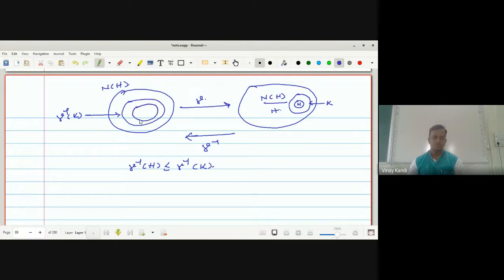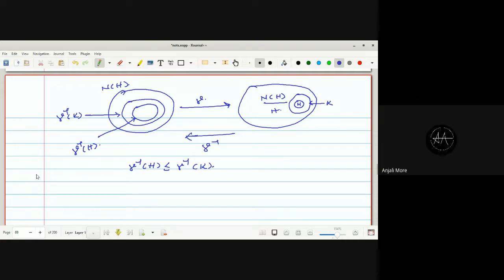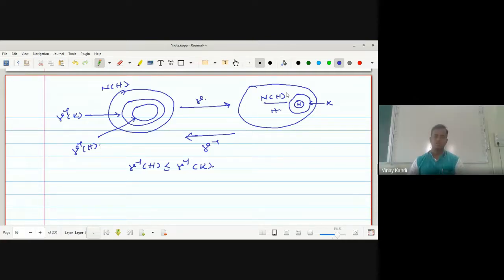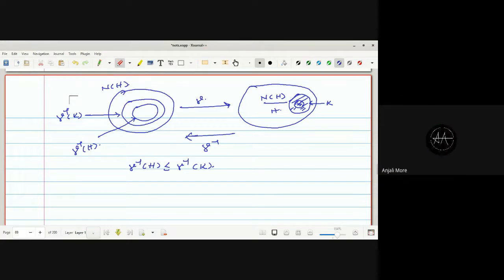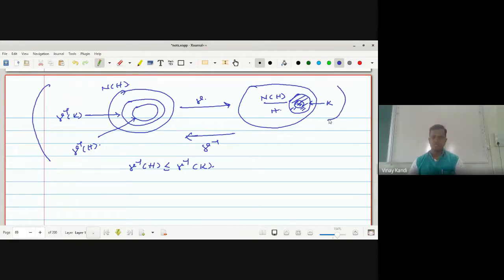And this one is sigma inverse of H. Is it correct? Yes, sir. Okay, it will be smaller than that. The image of this set is larger than the image of this set under the canonical map, the onto homomorphism map. Is it correct? Any doubt now? No, sir. Let it remain here, so that you will understand when it is shared.